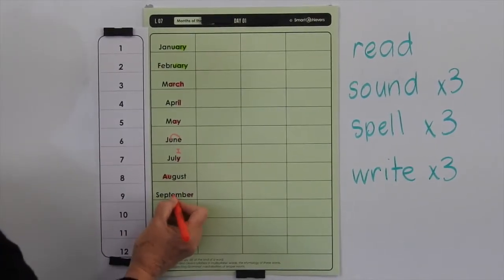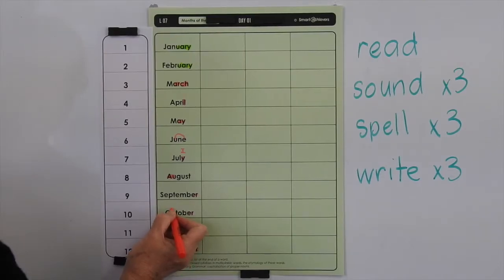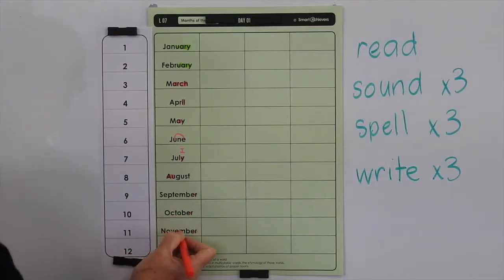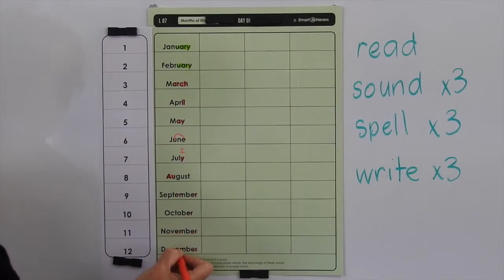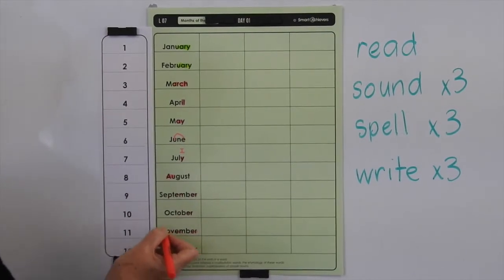And you've got a short ok sound, so that's where you're getting that C. November, so let's highlight that M in there.